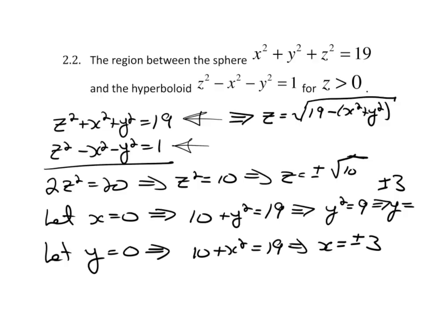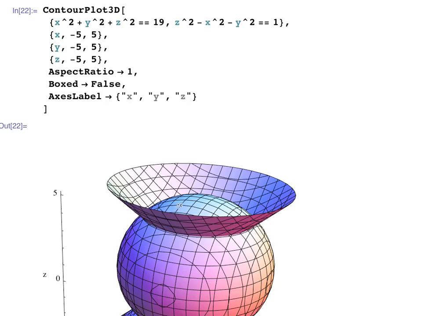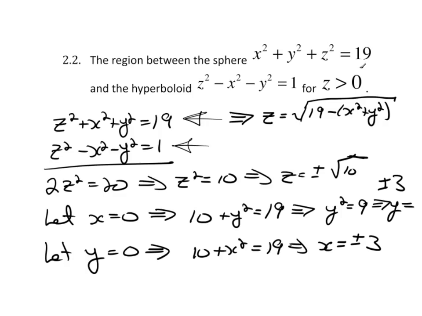See, that's going to define this top surface up here for me. And this also implies that z is equal to the square root of 1 plus x squared plus y squared.